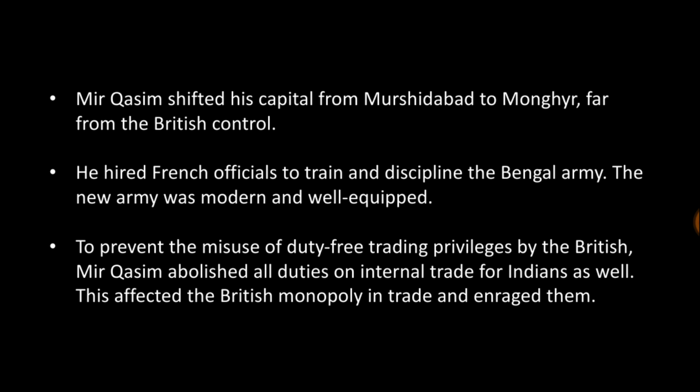This affected the British monopoly in the trade and enraged them. So these are the reforms done by Mir Qasim to reorganize Bengal's administration.